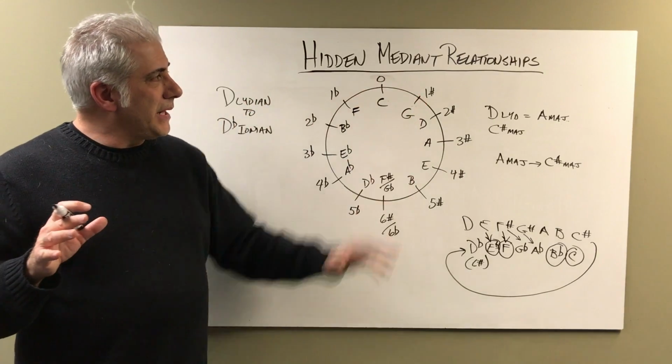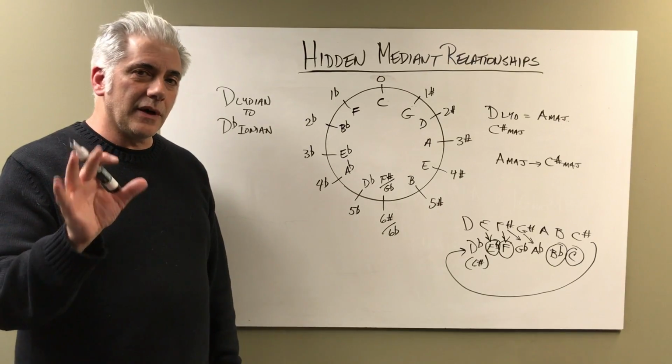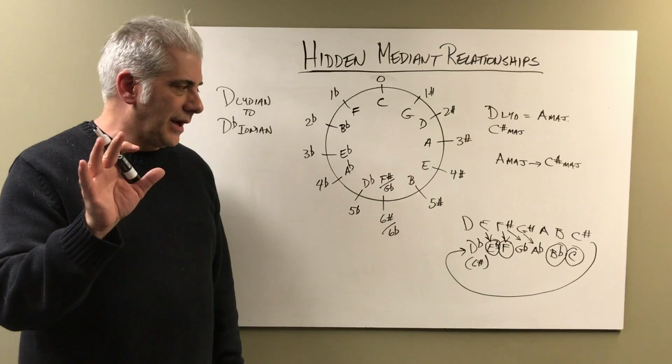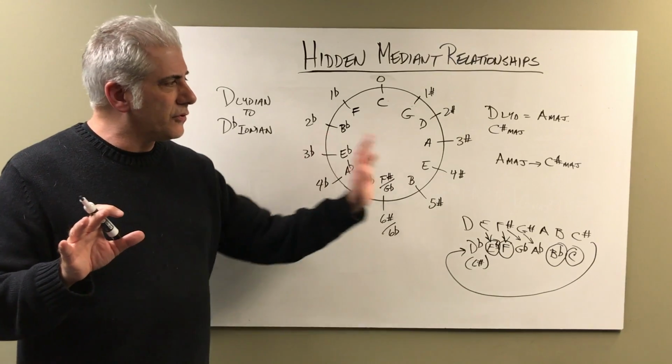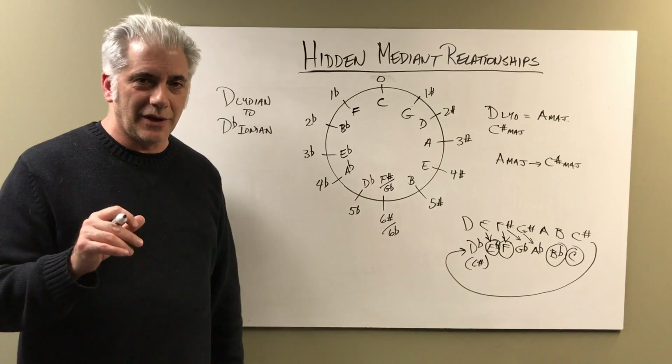This is hidden mediant relationships that I want you to think about here, because there's a lot of possibilities with this, and I'm going to do a whole episode on it, but I wanted to introduce this idea here because we've had it now in 2 different cues that I've discussed. The same cue, like I said, was The Claw by Randy Newman, must be a Newman family thing, which is beautiful, where he goes from E flat Lydian over B flat to D major.